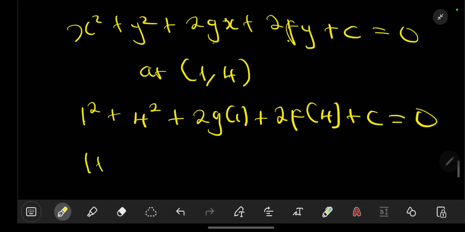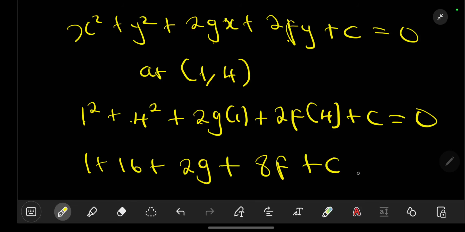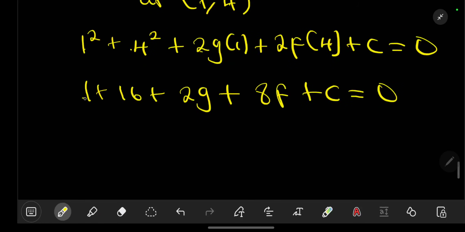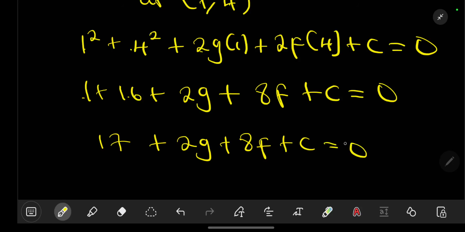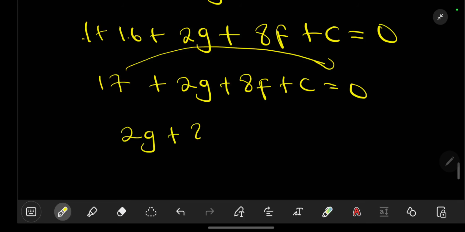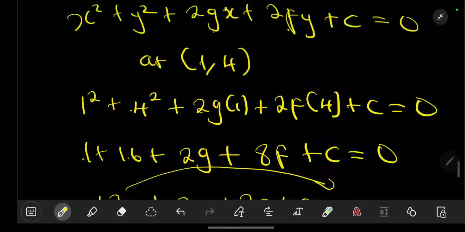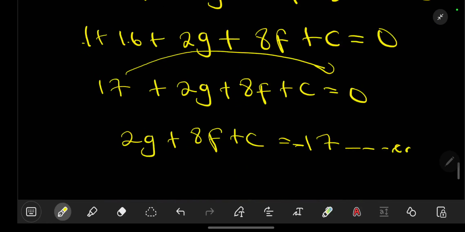So we have 1 plus 16 plus 2g plus 8f plus c equal to 0. 1 plus 16 is 17, so 2g plus 8f plus c is equal to negative 17 as our equation 1.